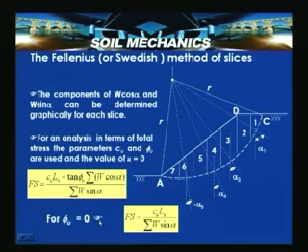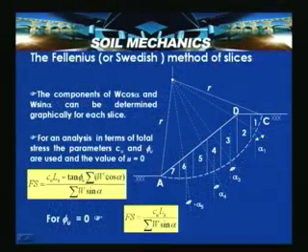For phi u equal to 0, that is for purely cohesive soil slopes or saturated clayey slope, this term gets cancelled, and the factor of safety is nothing but Cu into LEA divided by summation W sin alpha. This is what we discussed in the previous lecture about circular arc analysis.